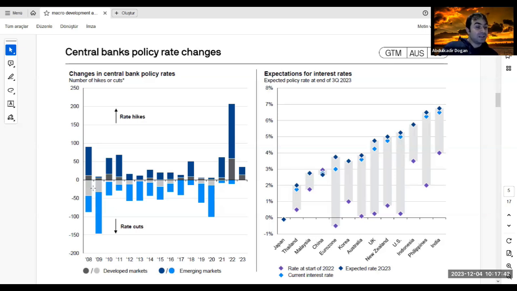The rate hike and rate cut in basis points is smaller in developed markets but higher in emerging markets, because we have a risk premium in emerging markets, higher risk, and higher capital flow. For that reason, in any type of inflation or demand and supply side shock, the volatility in interest rates is higher in emerging markets than in developed markets as well.